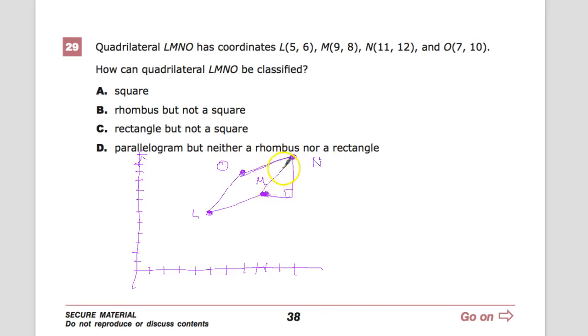So to go from M to N, I want to look at how far apart the x values are. If I go from the x value of 9 to the x value of 11, that's 2. If I go from the y value of 8 up to 12, that gives me 4. And now I'm ready to do this.